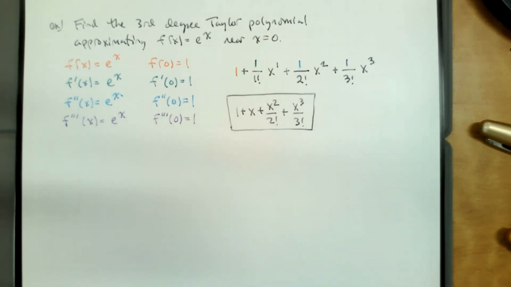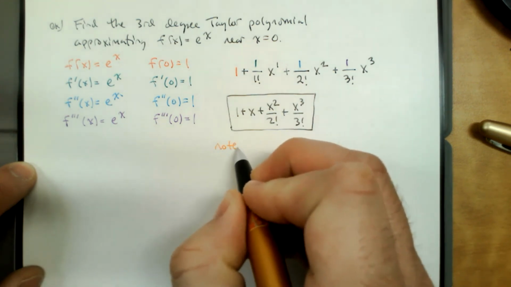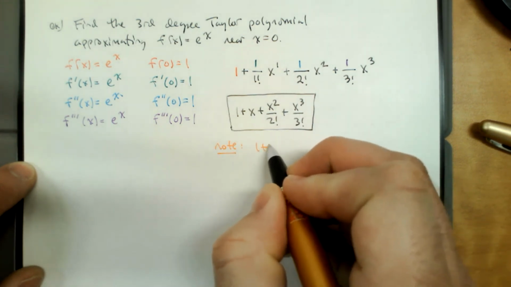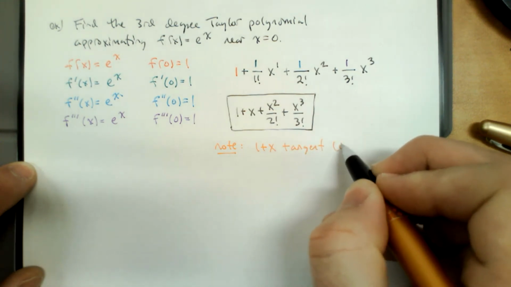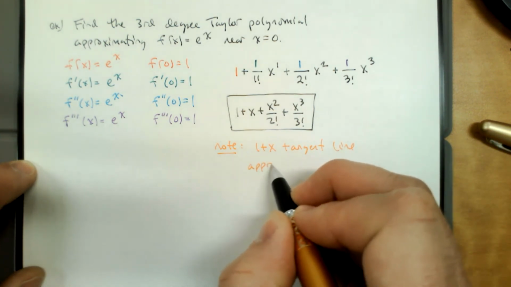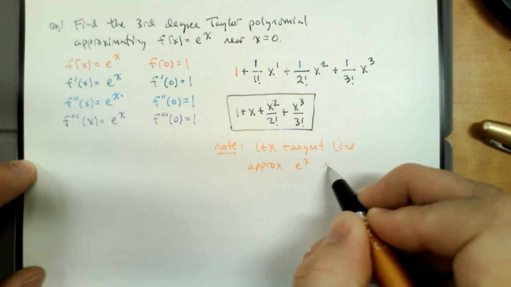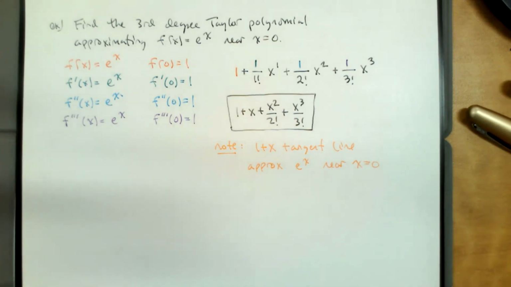Note that those first 2 terms give us the tangent line approximating e to the x near x equals 0. 1 plus x is the tangent line.